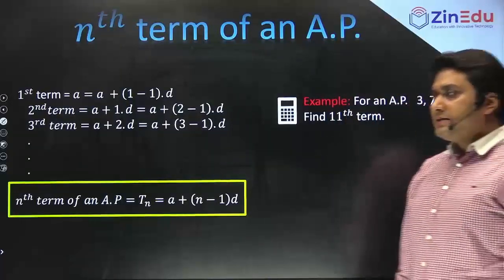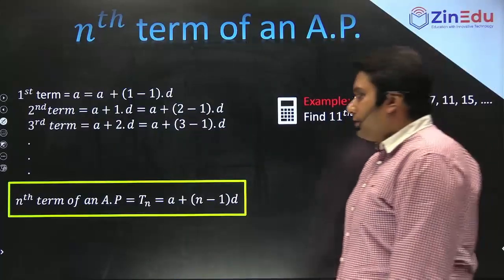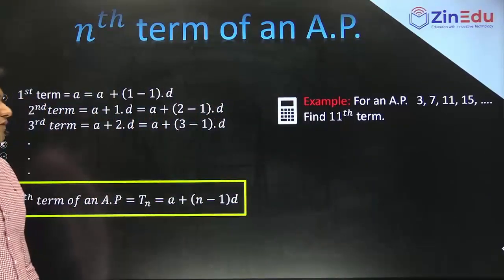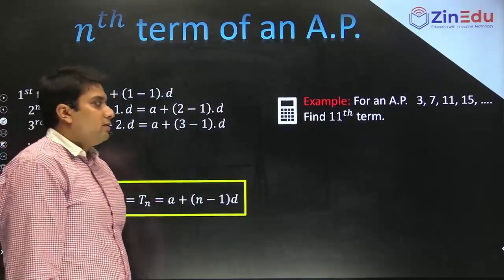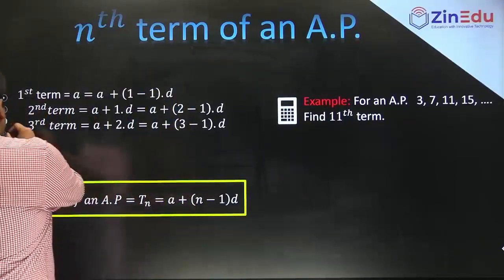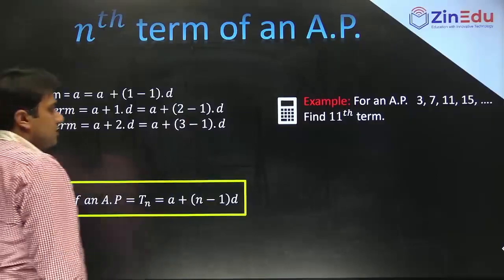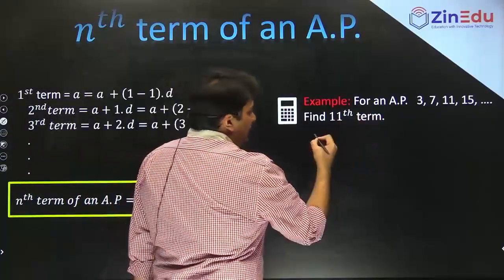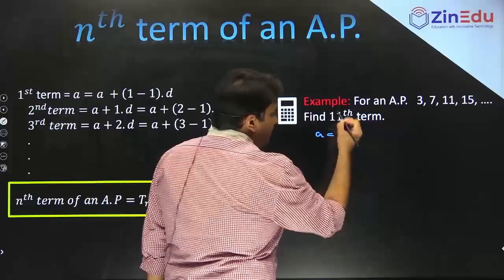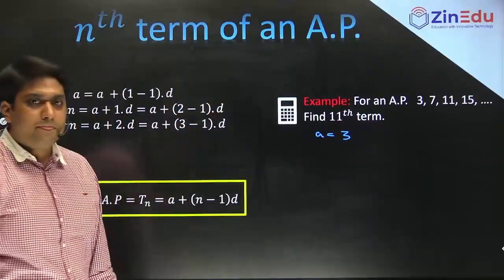So let's have an example. For an AP 3, 7, 11 and 15, find its 11th term. First of all, we need to write down a few things. For this case A is 3, right?